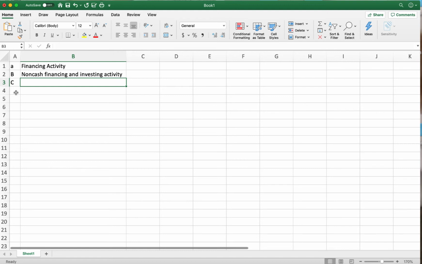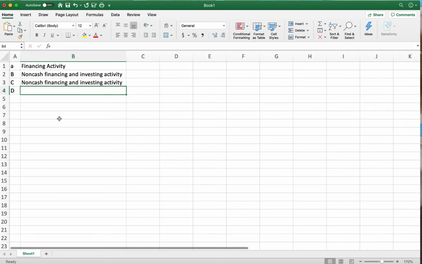Instead of giving cash for bonds, we said, okay, we'll convert the bonds to stock. No problem. That is another example of non-cash financing and investing activities, which B and C coincide with the PowerPoints, right? We said if we have non-cash investing and financing activities, there's two main things we would have. We just saw two prime examples of those.